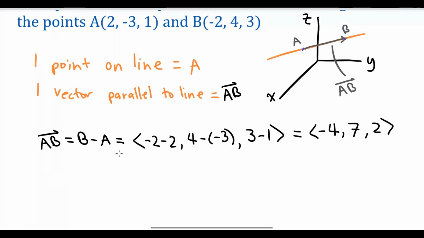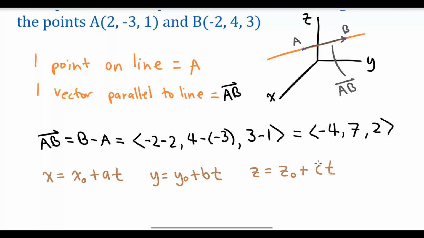We've also established that the equation for a line in 3 dimensions in parametric form is x equals x0 plus a times t, y equals y0 plus b times t, and z equals z0 plus c times t. Our x0, y0, and z0 values are the components of A, and the a, b, and c values are the components of AB, which we have here.